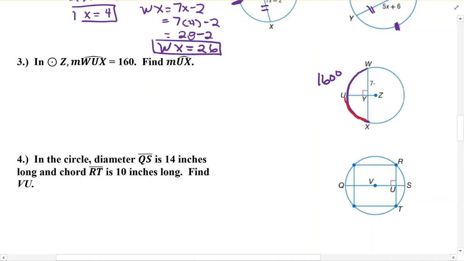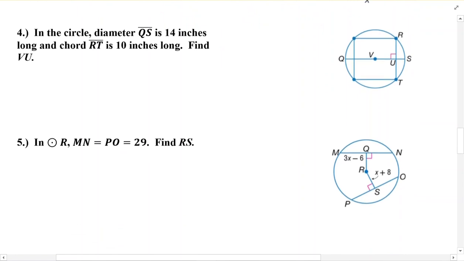Since we know that ZU is perpendicular, we know that it bisects here. So we also know then it cuts the arc into two equal parts here. So the measure of arc UX would be half of 160, which is 80 degrees.